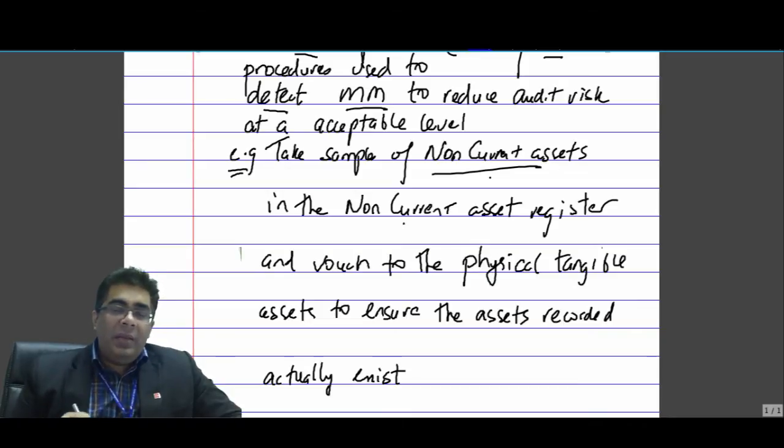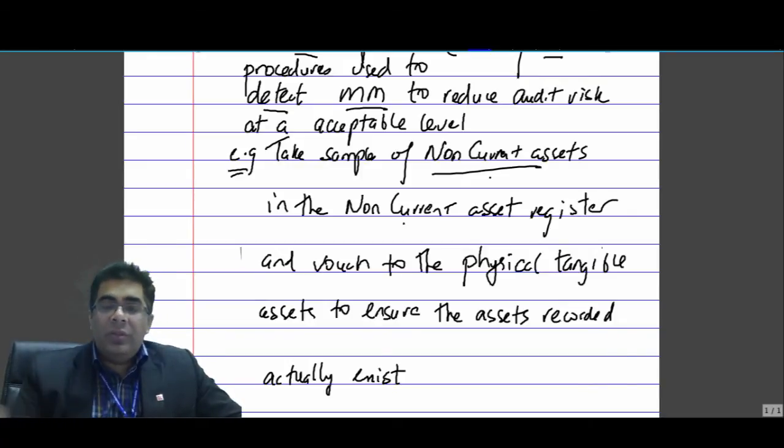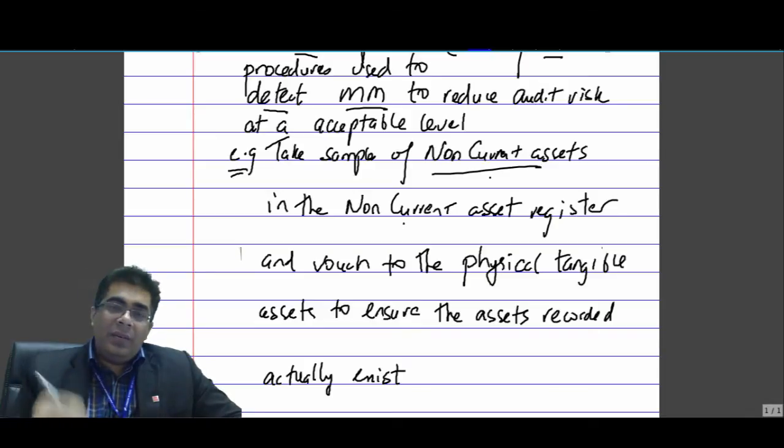Your answer will be that I want to take samples of the reports of the internal audit department which shows evidence that the non-current assets register has been vouched to the physical. So we are testing somebody else's procedure. That is test of control. But substantive procedure is we are doing it ourselves.